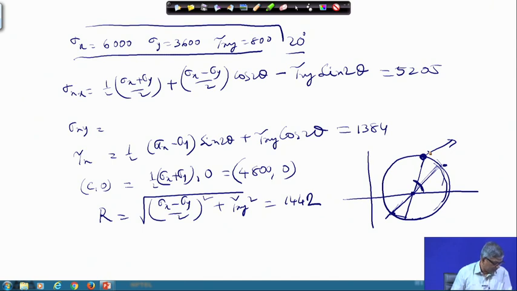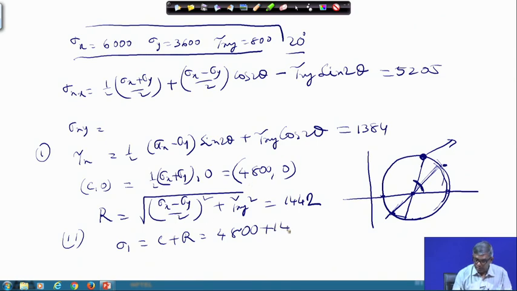Now, second part, that is, you have to find out the major principal stress. So, from this circle directly we can read it. The first part is done. The second part, sigma 1 will be equal to C plus R, that means you have 4800 plus R, which is 1442.